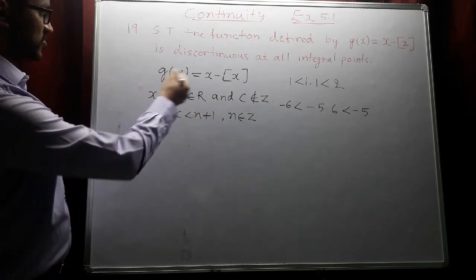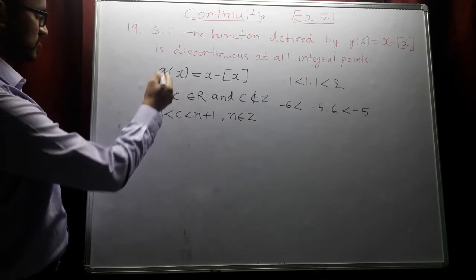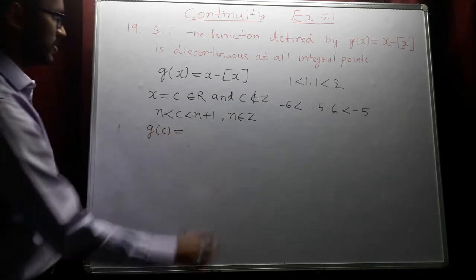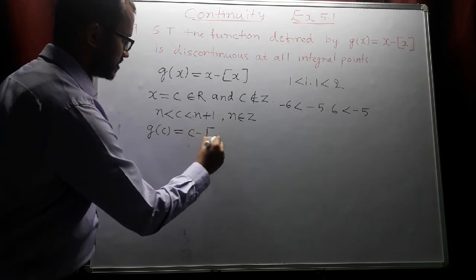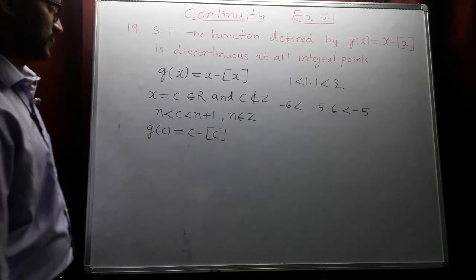Now let us compute the value of the function at the point c. So g of c is equal to c minus the greatest integer less than or equal to c.